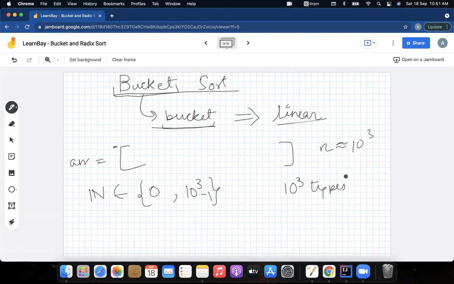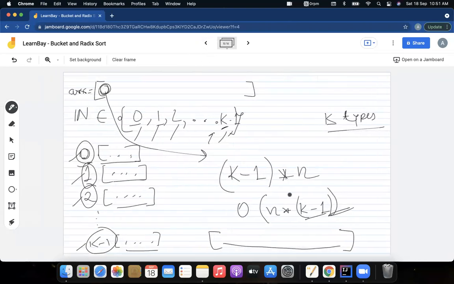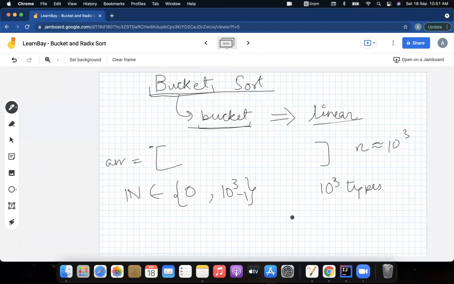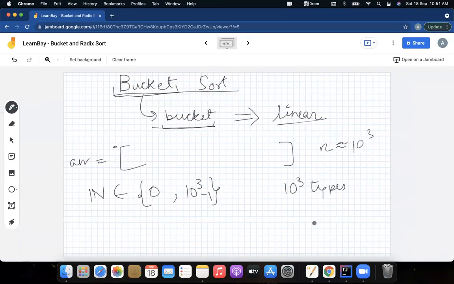Now clearly, if you use the traditional method that we were using, if you keep asking k minus 1 questions, here k is huge. 10 power 3 minus 1 results in 10 power 3 times 10 power 3, which is an n square algorithm, which is not really good.